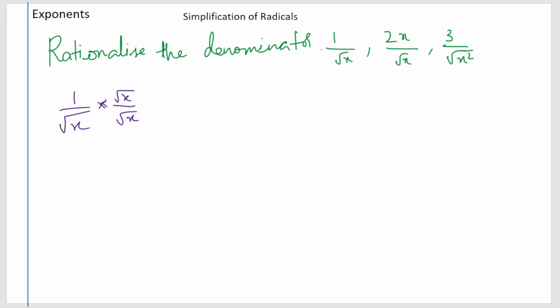This and this get cancelled, and it remains the same, because we are just adding it so that the denominator will be rationalized.